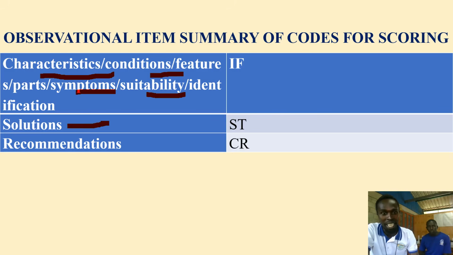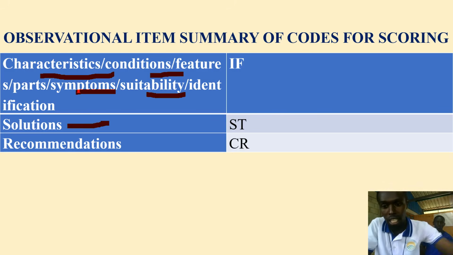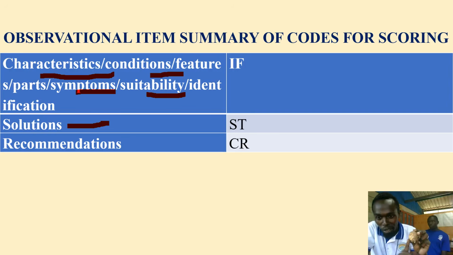Then solution. Remember here, if this is affected by a pest, what is the solution? Spray to control the pest. Timely planting, closed season, trap crops, use mulches, use traps. What else? Use resistant variety.